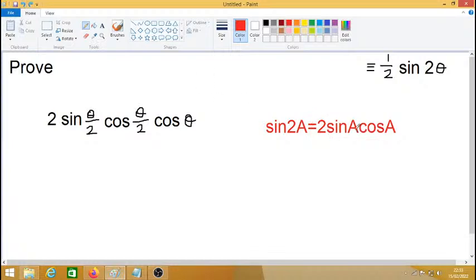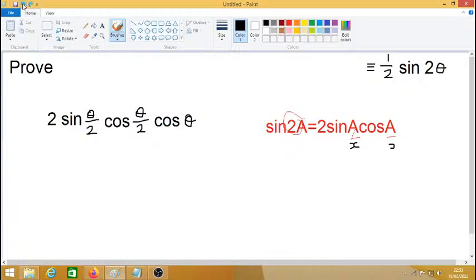A is any angle. So whatever the angle is here and here, the angle on the left-hand side is going to be 2 times that, or double of that. Just to give you another letter, so you get used to seeing different letters: if I had x and x as my a, then on the left I'm going to have sine of 2x.